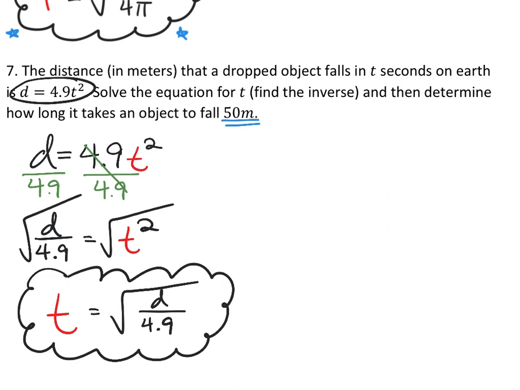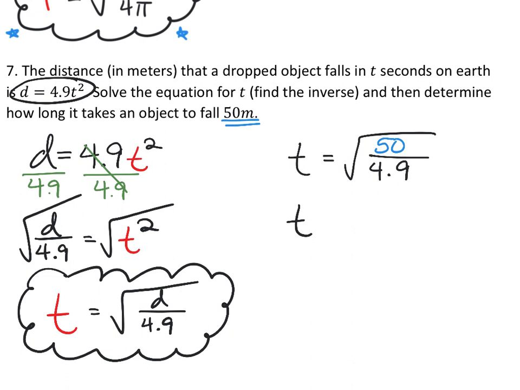But our question itself says, how long does it take an object to fall 50 meters? So to find that out, we would say, well, the time should be equal to the square root of the distance, 50 meters, divided by 4.9. So in your calculator, can you figure that out for me? There's no pi's in this one, so you don't have to use that pi button, but you do need a square root.